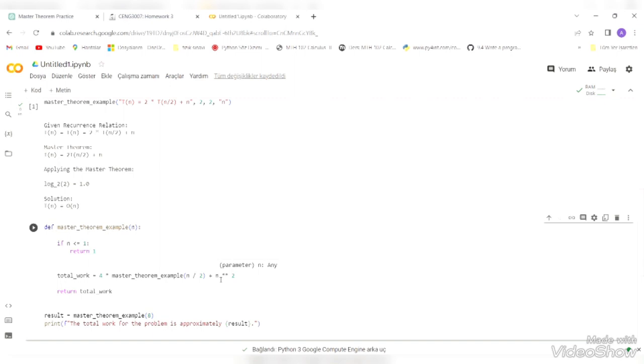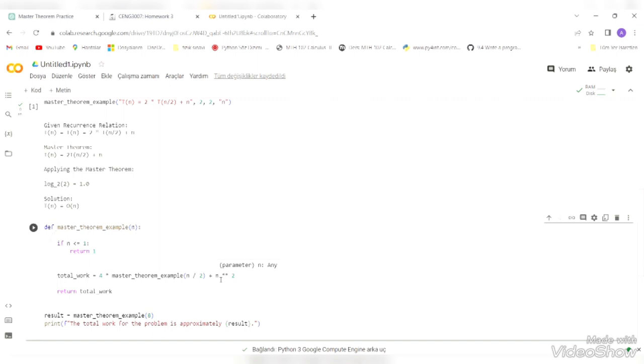Yes, I solved the collaborative and the master theorem example. In this Python code, we are implementing a recursive algorithm based on a specific recurrence relation. The relation is defined as T(n) equals 4T(n/2) plus n squared.